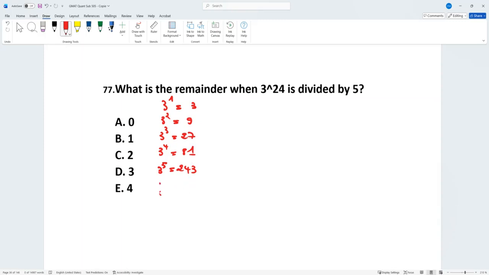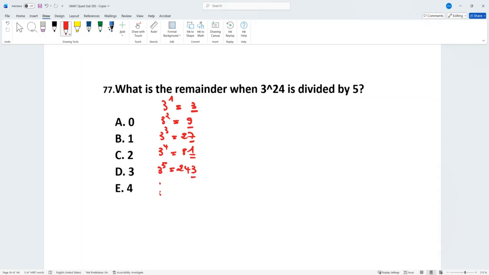So now, like I was saying, we can continue, but we're going to stop here. When we write this particular pattern, we are only going to be concerned with the unit digit of 3 raised to each power. So if we only take care of the unit digits, we have 3, 9, 7, 1, and 3.